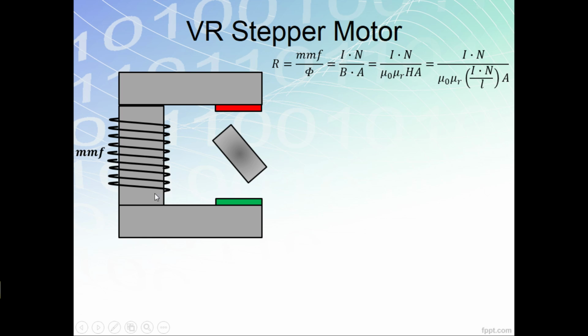But since it is impractical to measure the magnetic flux to get the reluctance, the equation was further simplified.